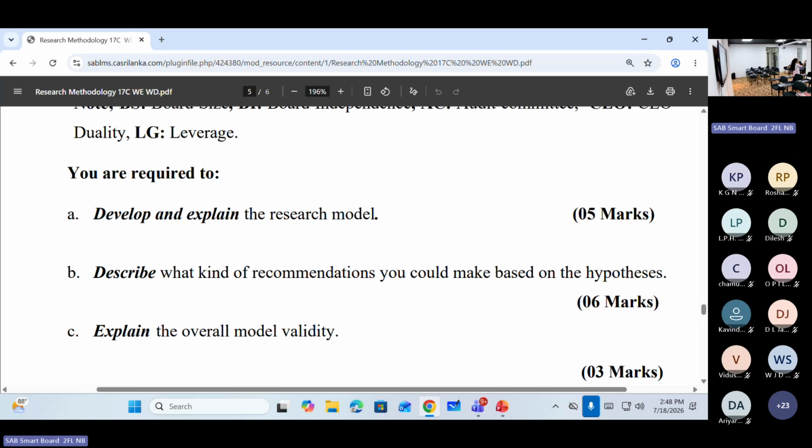That is called the research model. Write it down. I have to cover the entire syllabus as well, that's why I'm going through this big class. Answer for A, research model.